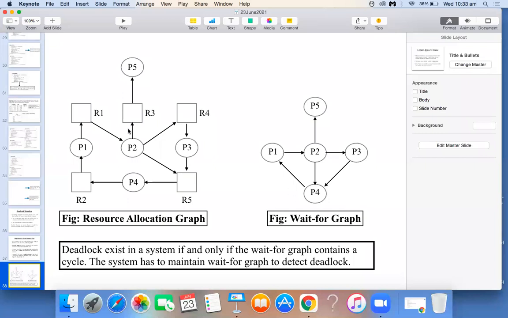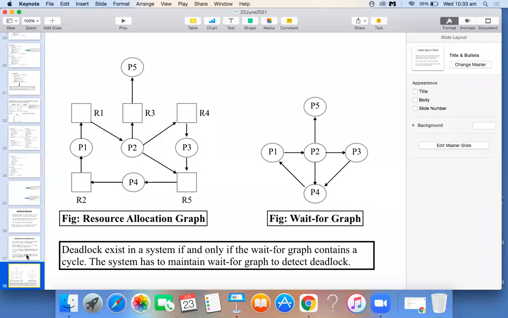R1, R2, R5, R4, R3. Correct. So these resources we have to remove now. And what are all the edges which are connected to these resources? Can anybody tell? For resource R1, there is an edge from P1 to R1, correct? And there is an edge from R1 to P2.